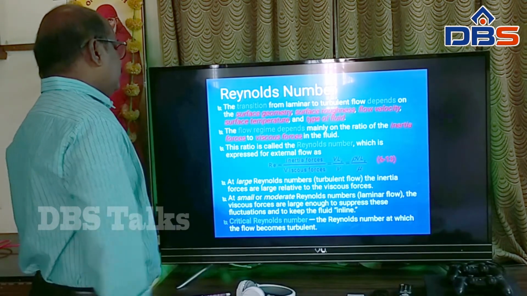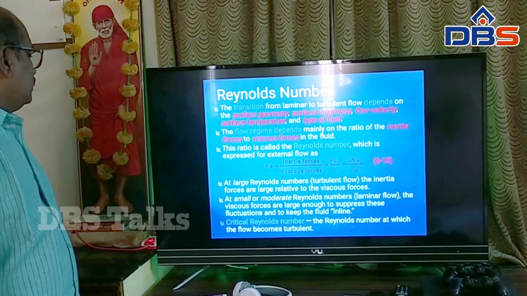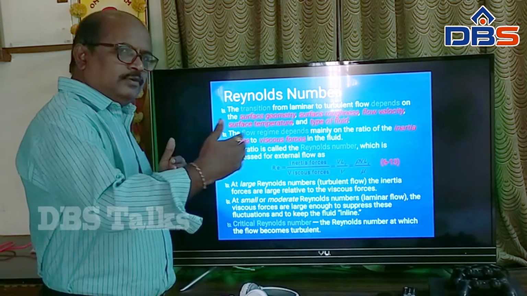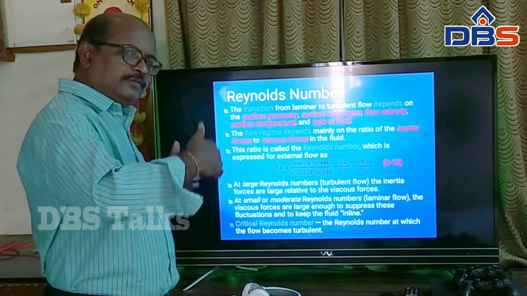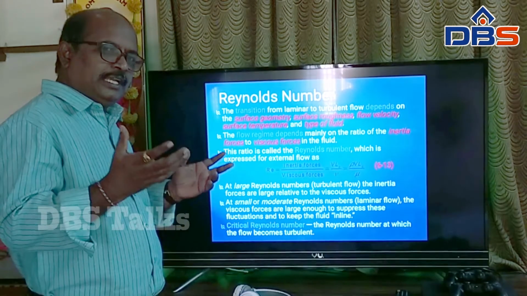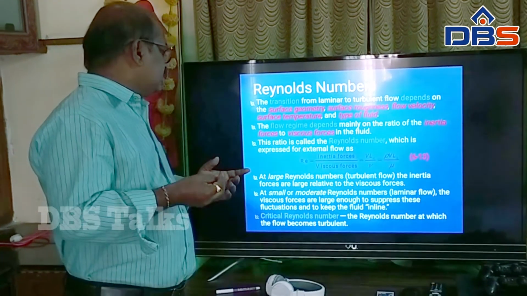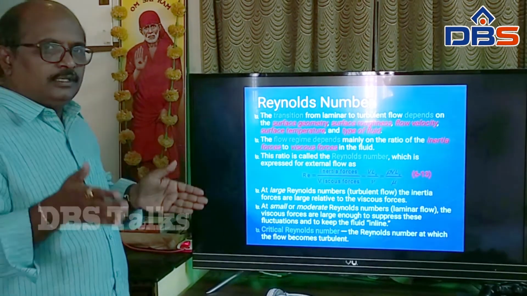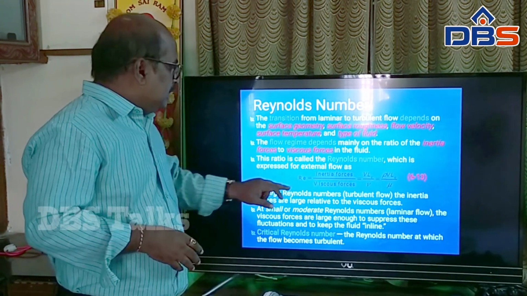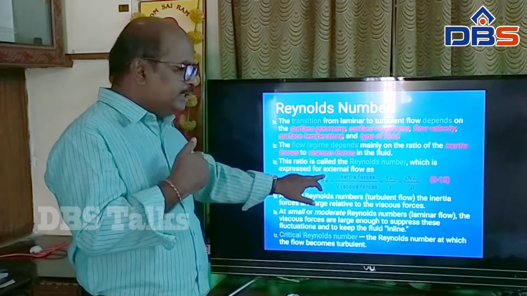Generally in fluid flow, the inertial forces are more than the viscous forces. Over a flow, some portion is laminar flow, after that there will be turbulent flow. To identify whether it is laminar or turbulent flow, we can use some values. Suppose it is internal flow, flow through a pipeline: if the Reynolds number is less than 2300, we can take it as laminar flow.